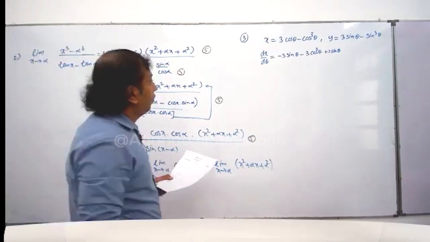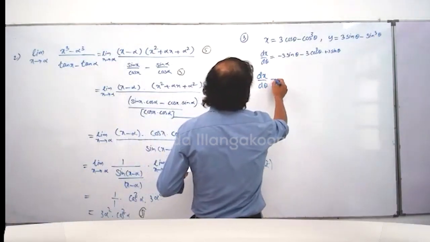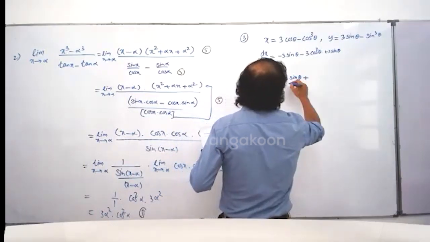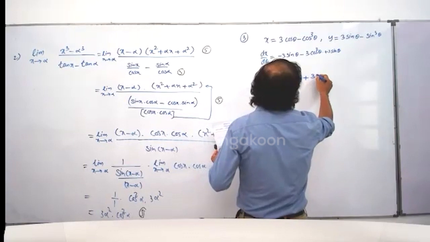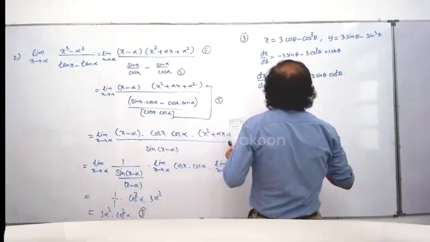Then simplifying this, we get dx upon d theta this way: minus 3 sin theta plus 3 sin theta cos square theta.